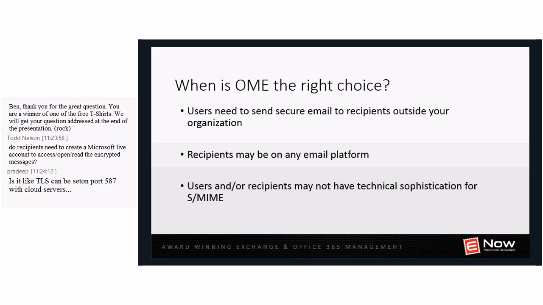Basically, they're just required to verify that the email address that they get is their own email address. So it works best if they create an account, a Microsoft account, but they can use a one-time password to do that without creating an account if they'd like. And then again, users and recipients don't really have to have the technical sophistication that's required for S-MIME.